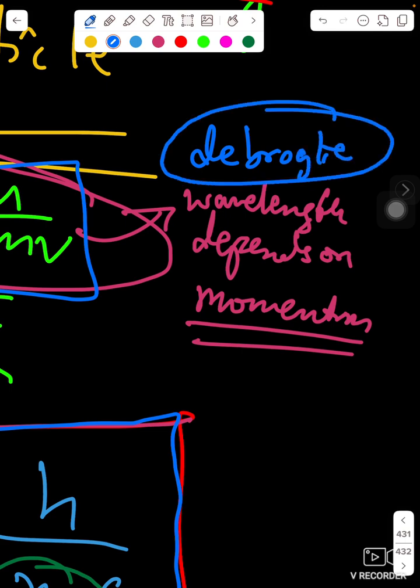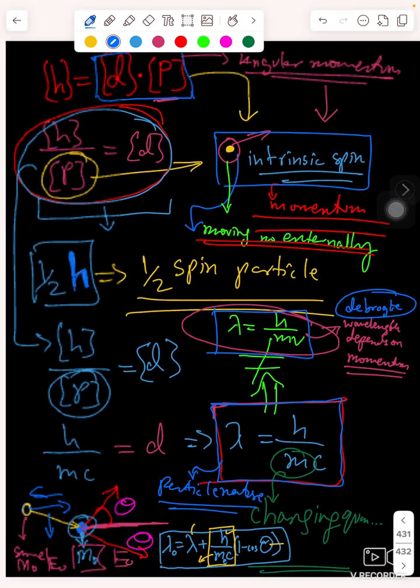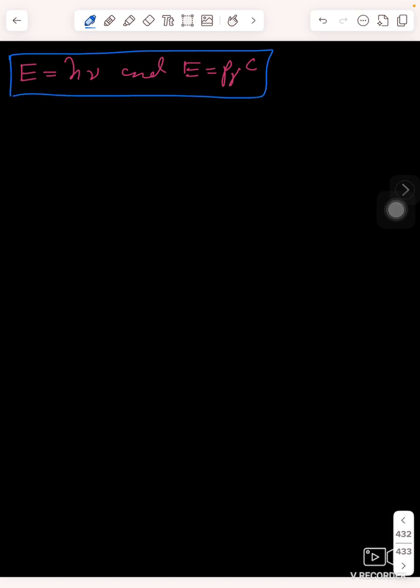Now this de Broglie equation, I can derive this as well, but here we will have to involve two equations. E equals mc squared, and E equals hv, and E equals momentum times c. Now here you might have noticed something is missing. Wait, let me fix it.